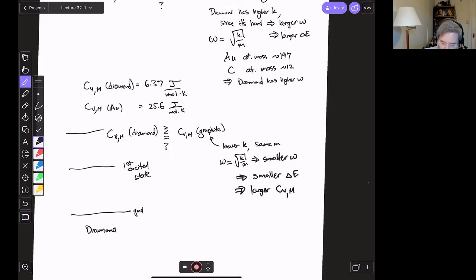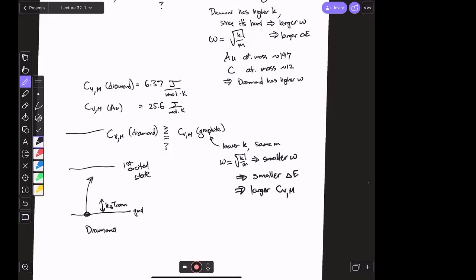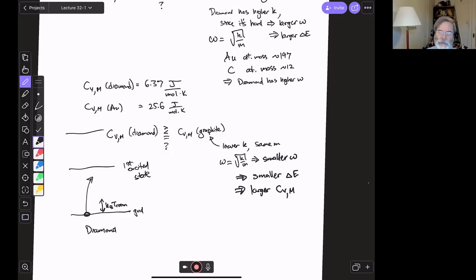And KBT is maybe, let's say, this much at room temperature. So at room temperature, it's quite rare for an atom to be able to get out of the ground state. Almost all of them are stuck in the ground state, so they're not vibrating. Or if I want to be a little bit careful with my language, they're vibrating only with the energy of the ground state. So they all have a fixed amount of energy. And so it's as if they're unable to vibrate, basically.